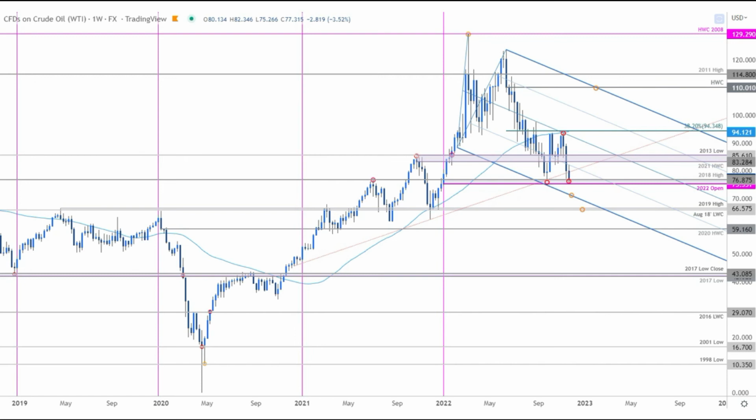For example, you can see that there is a price level right now. It's the 2022 open, and you can see it's a pink color on the chart. On that price level we have several important price levels. For example, we have a Fibonacci level, and very close is the 2018 high.